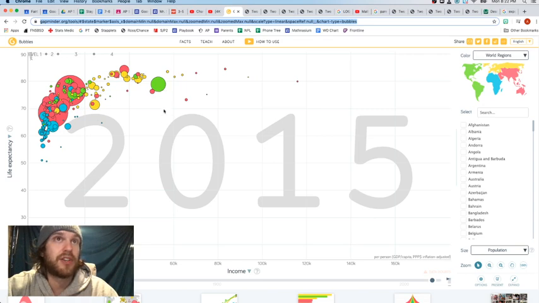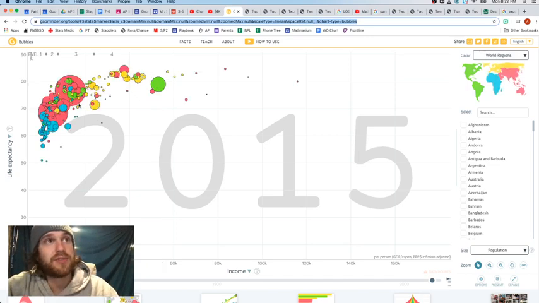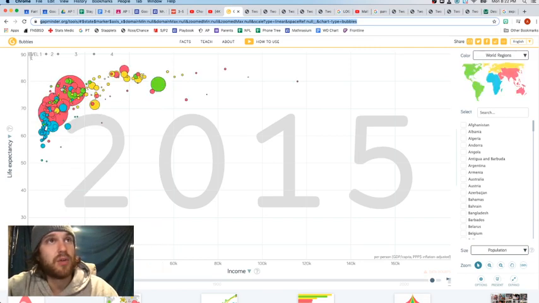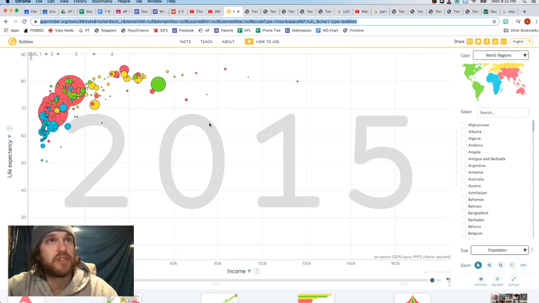We're going off the center of the dot. So the United States, for example, has average annual income of 53,000 and a life expectancy of 78.8 years. So you can go through and check out other countries and see where they lie on this graph.